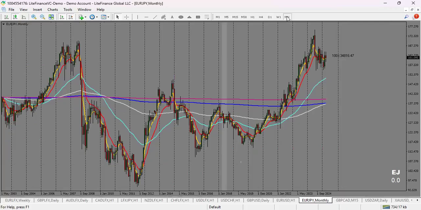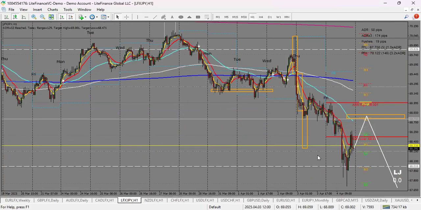So the Japanese yen also has gained strength since the recent news that came from the President of the United States.